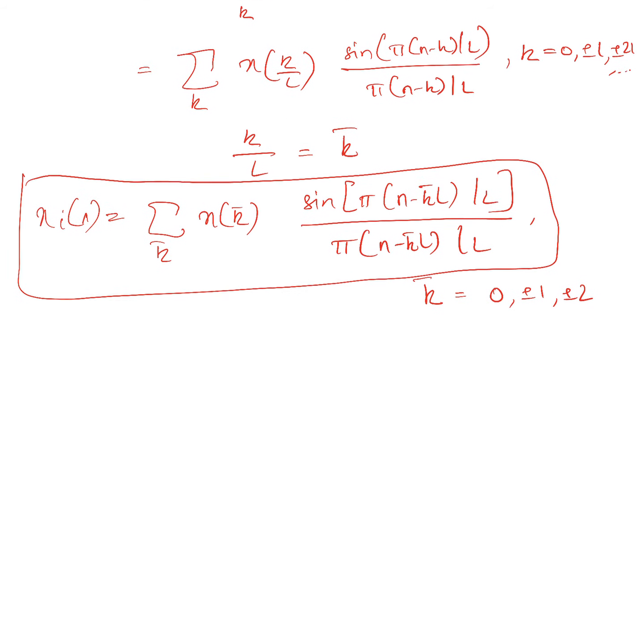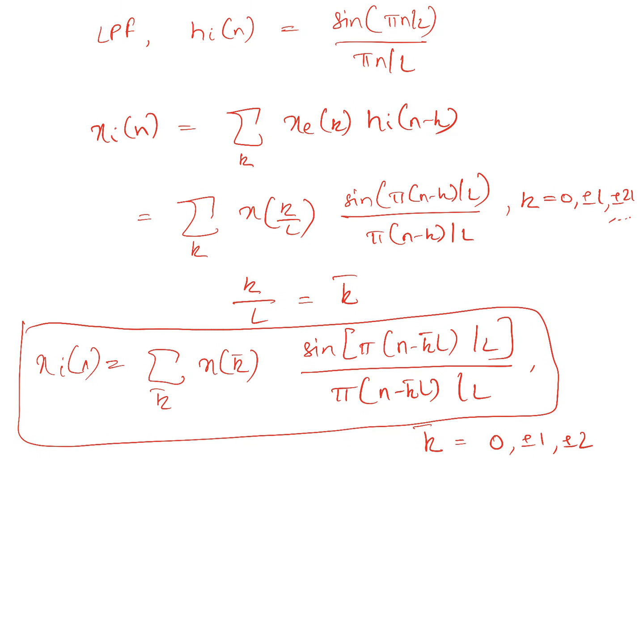Now seeing the property of this sinc function, from here you would see that for n equal to 0 it is equal to 1, but for n equal to plus minus L, plus minus 2L and so on, it would be 0.